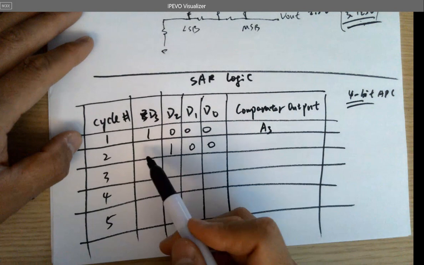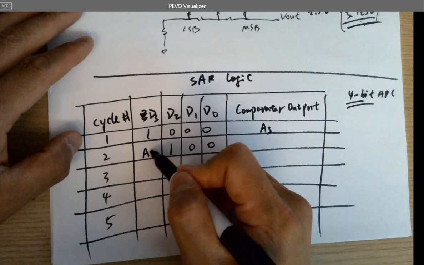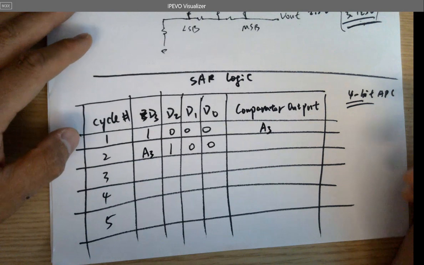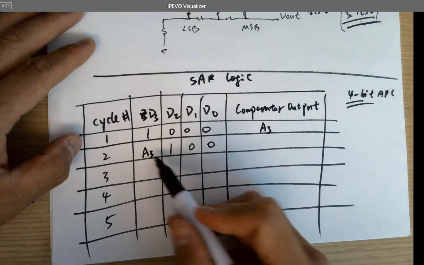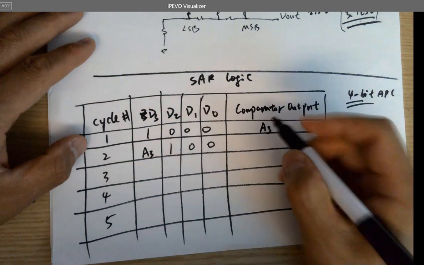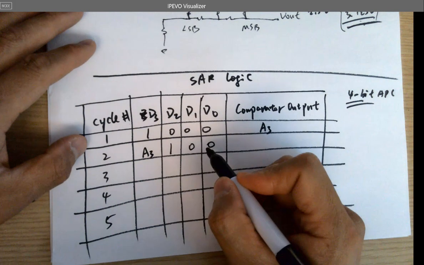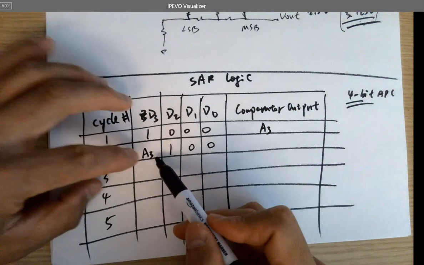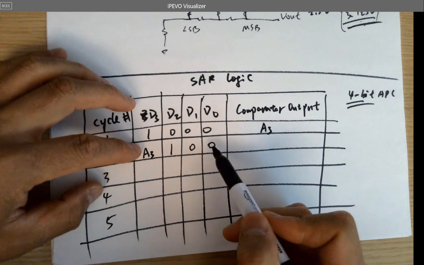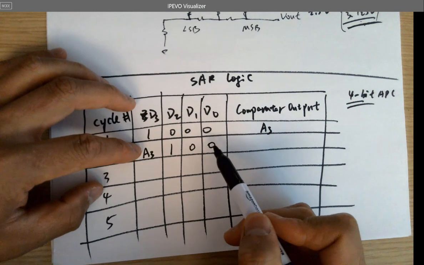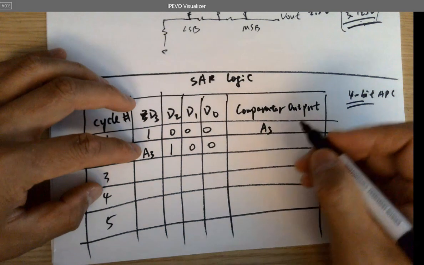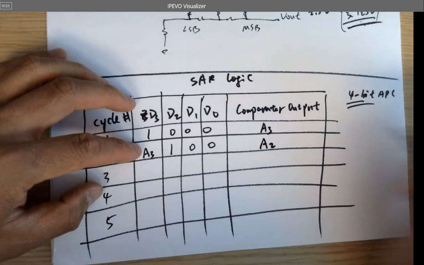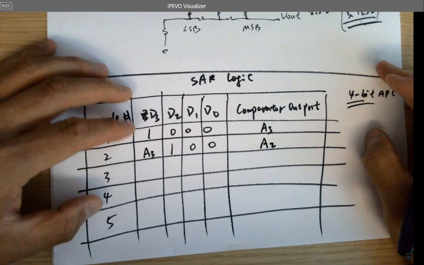What is just A3? That's a comparator output that can be 1, can be 0, but we just plug it in here. Then because of the structure of the ADC, this will be converted into its analog counterpart and fed into the input of the comparator, and then it's going to generate another comparator output.